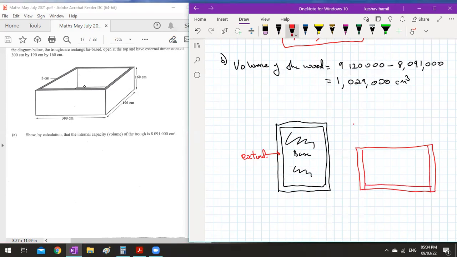So if we were to do it like this, we need to get the surface area of this wall, this wall, this wall, this wall, as well as the base. So that would be the surface area of the base here.